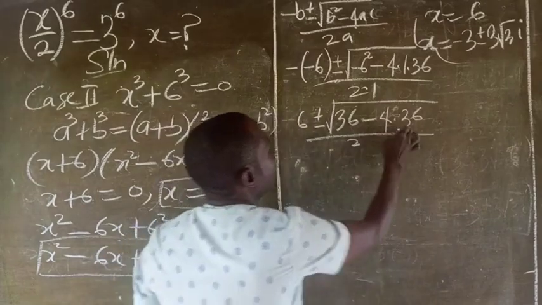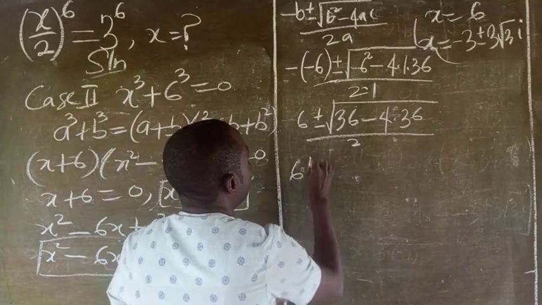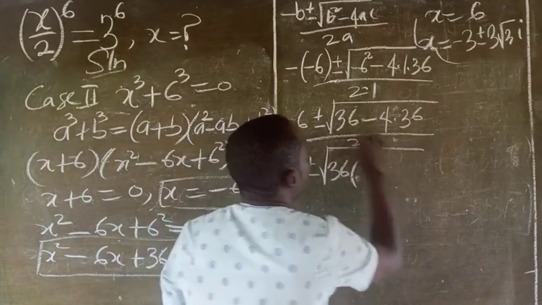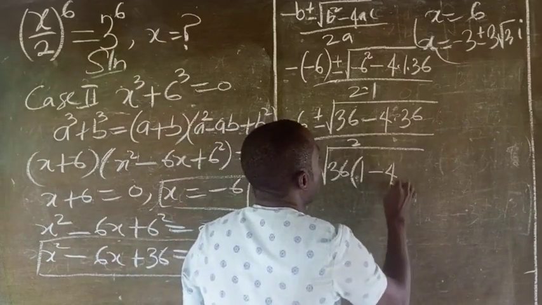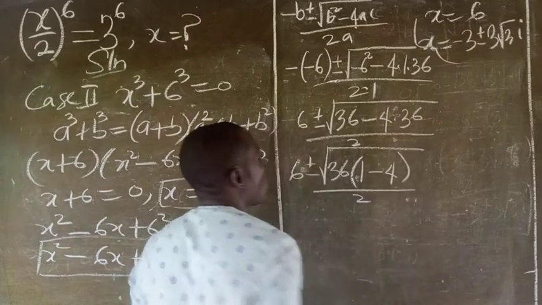So we have 36 here common that we did previously. We are going to factor it out, and then we have 6 plus or minus square root of 36. If you take 36 from the first term to be left with 1, we do the same here to be left with 4, and all over 2.